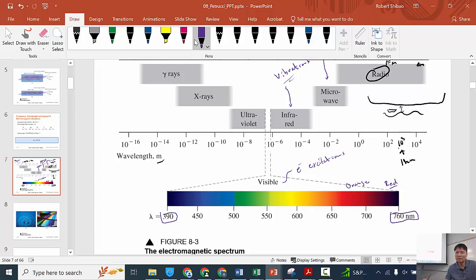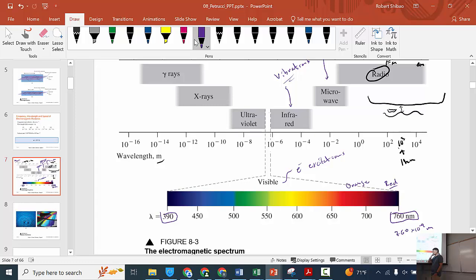The units are in nanometers. Nanometers, this would be 760 times 10 to the minus 9 meters. Or if you don't want to memorize it to this level, you just memorize it from 400 to 800.